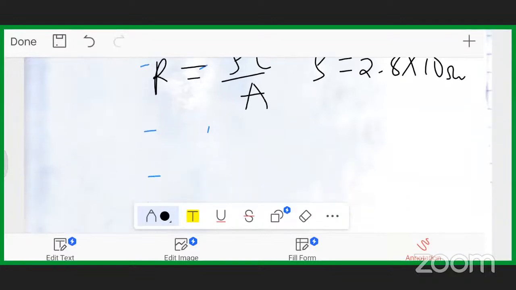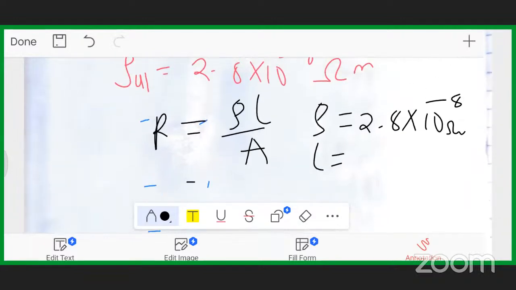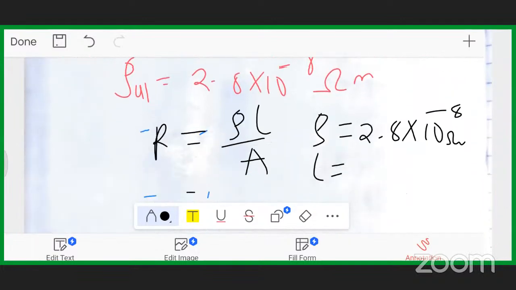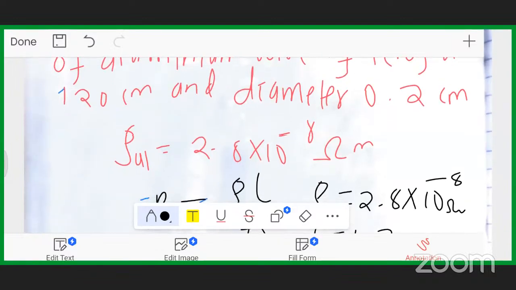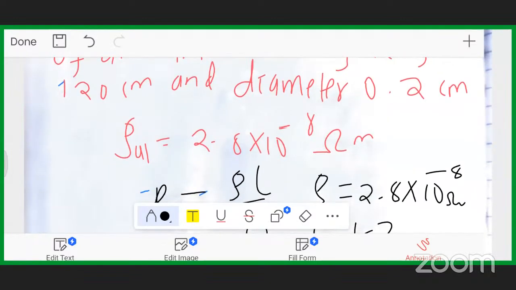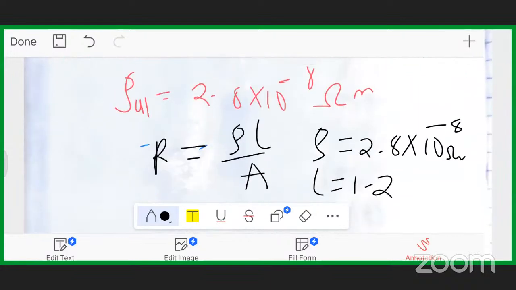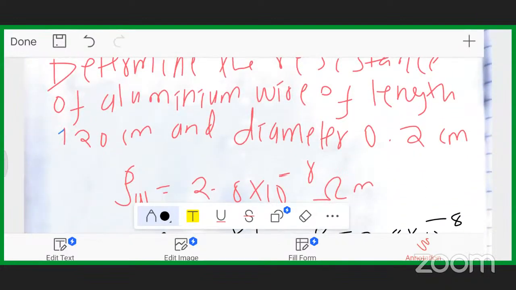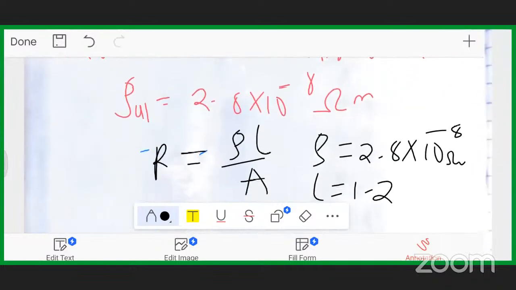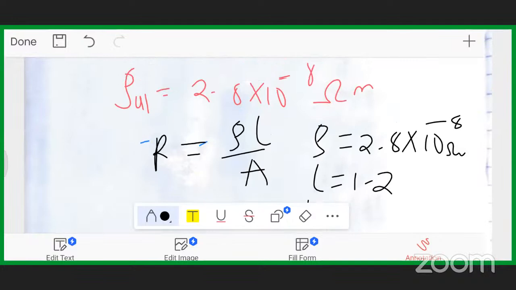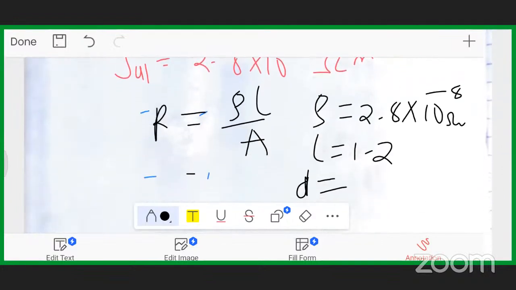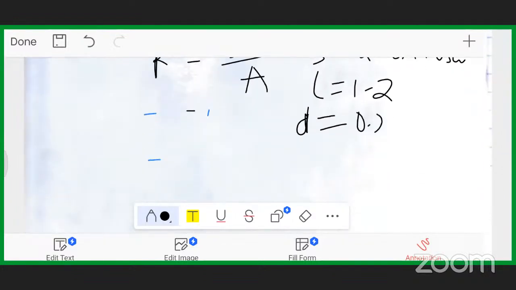Then we also have L as 1.2, and the diameter of that particular wire, the thickness, is 0.2.